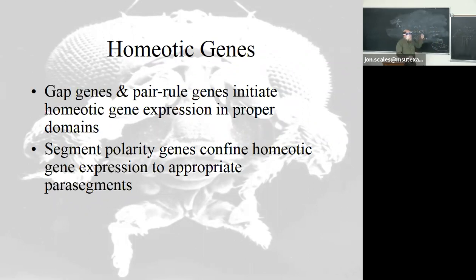Okay? So all of these classes of genes that we've talked about so far, the gap, maternal effect, pair rule, and then ultimately the segment polarity, all interact with the Hox genes to activate them and create a boundary of their expression. Once the Hox genes begin to be activated, they self-regulate. So many of them will activate themselves and repress their neighbors that would be expressed on either side to create very defined boundaries of expression in each region of the embryo.